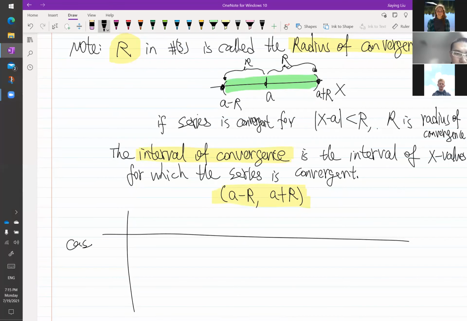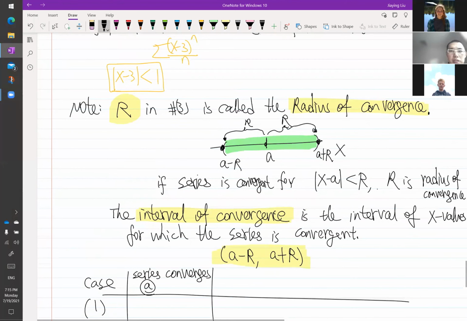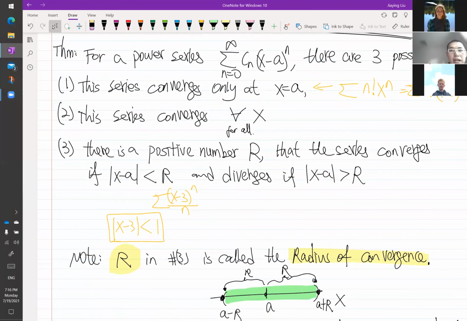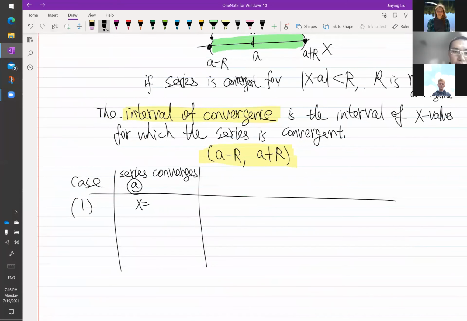So case 1: the series converges only at a particular value, x equals a. And then the radius of convergence, because it's only one number, the R value is just going to be 0.